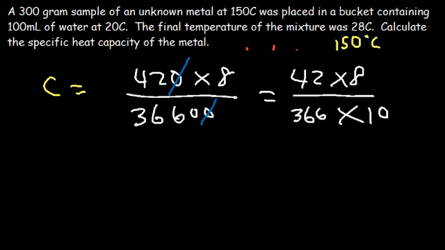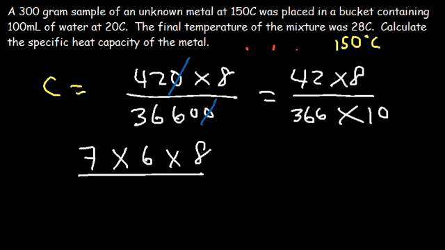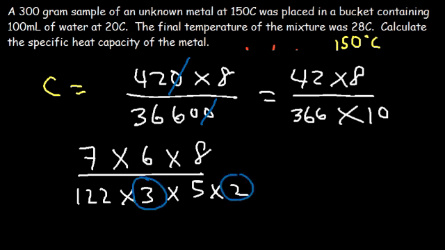Now we know 42 is 7 times 6. And 366, well, we got that by multiplying 122 by 3. And 10, we can break that into 5 and 2. So notice that 3 times 2 is 6, which we can cancel with the 6 on top.